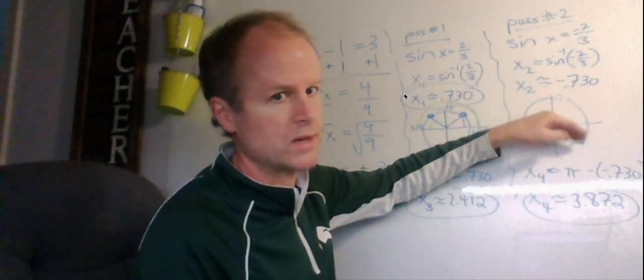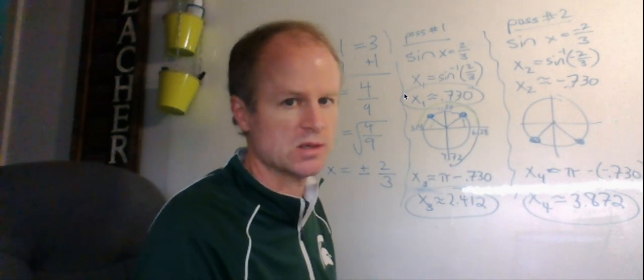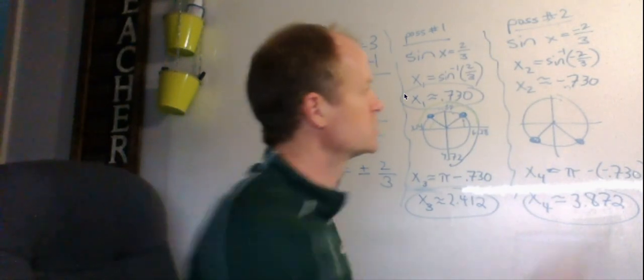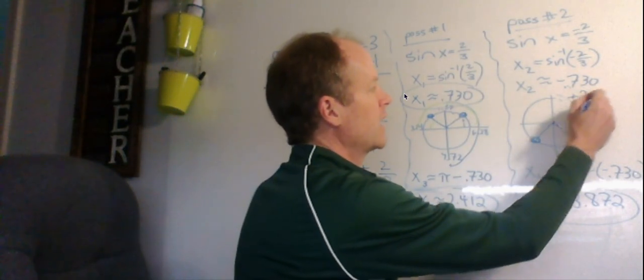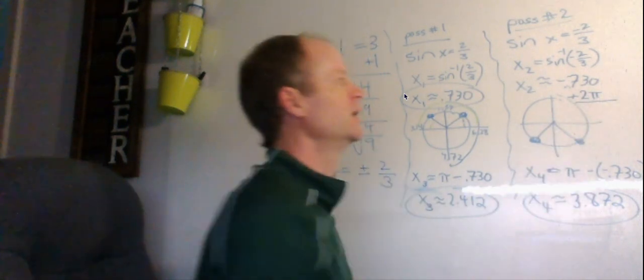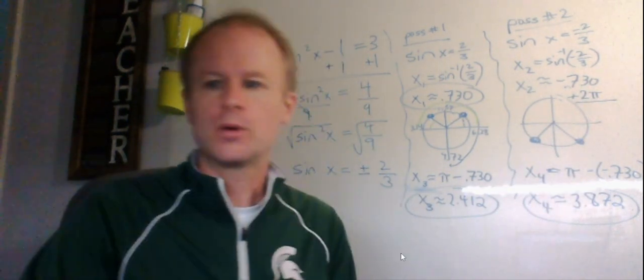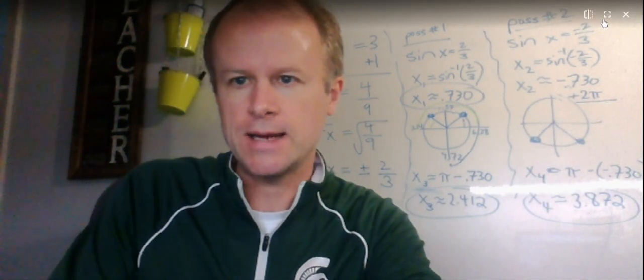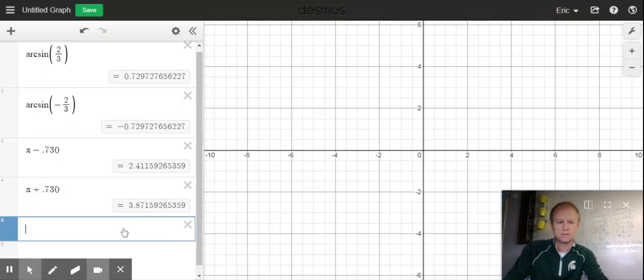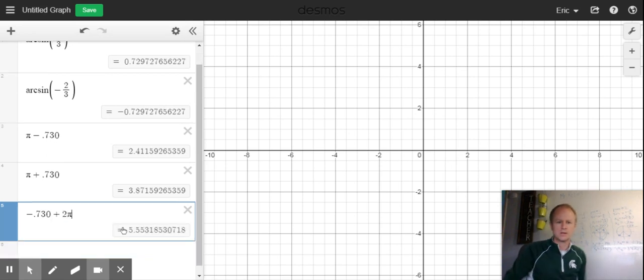But we don't want them negative when we solve these because it said between 0 and 2 pi. So I'm going to have to add 2 pi. I'm going to have to find the coterminal angle to this, so plus 2 pi. So negative 0.730 plus 2 pi, let's see what we get. I get 5.553.